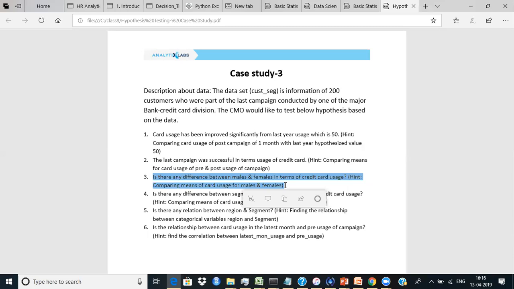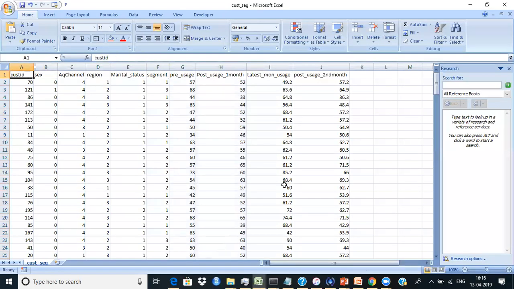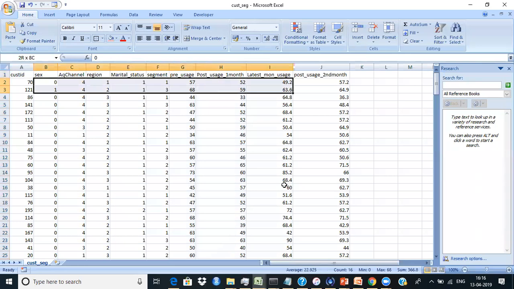You get only one value per row. Previously, we were getting two values per row, right? Here, if you look at the data structure, a person can only be male or female. So I am getting only one value from that row. If it is male, it belongs to the male population. If it is female, it belongs to the female population. I do not get multiple values from the same person.